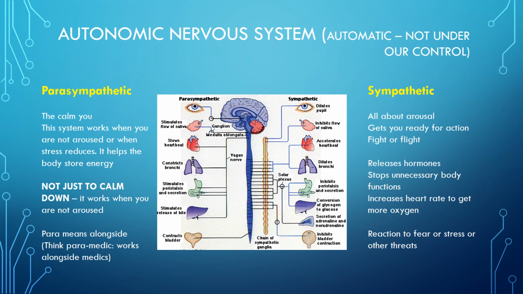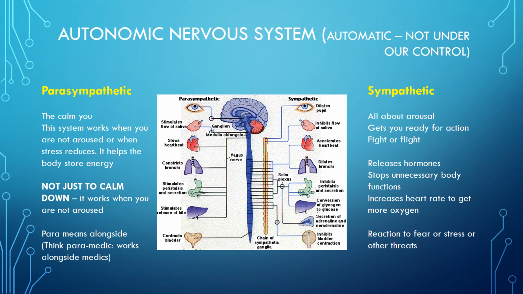So let's look at the sympathetic system first. It's all about arousal, getting you ready for action, fight or flight. It does things like releases hormones. It stops all your unnecessary bodily functions. It increases your heart rate to get more oxygen into your body.